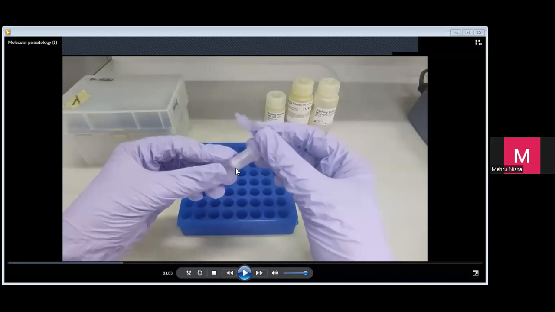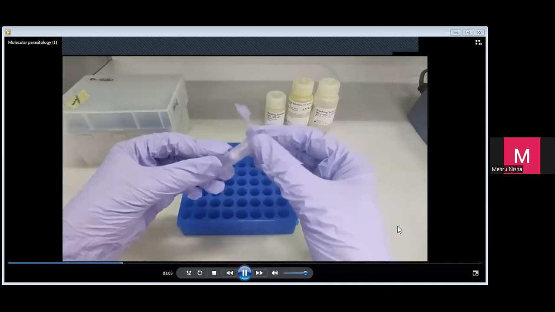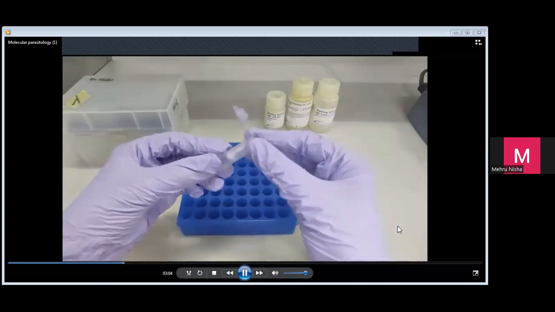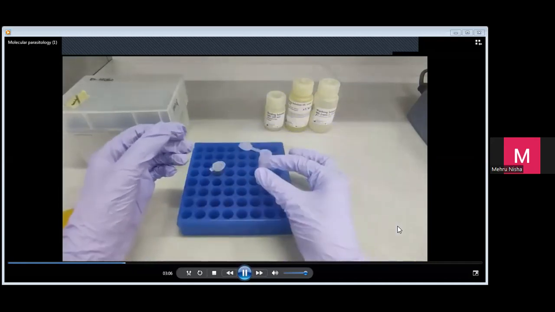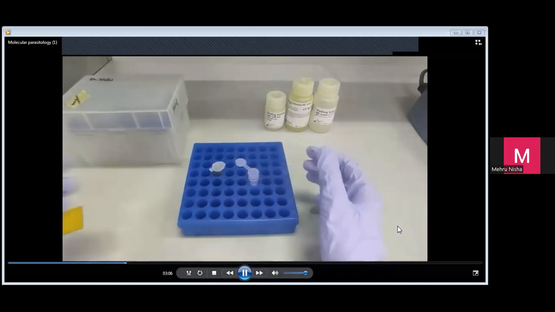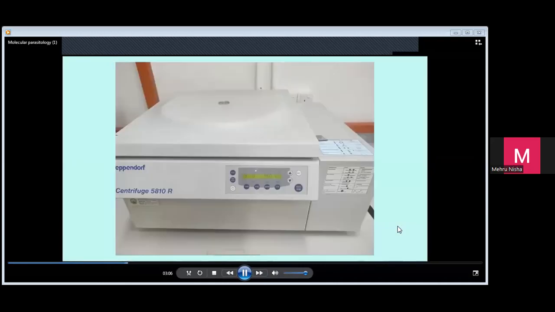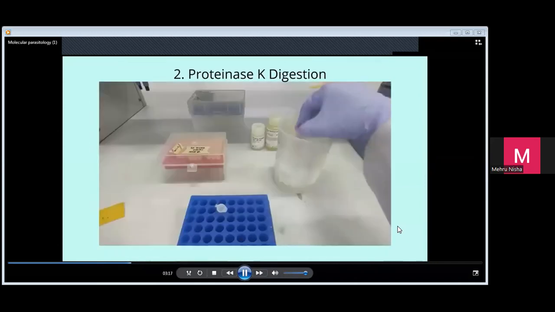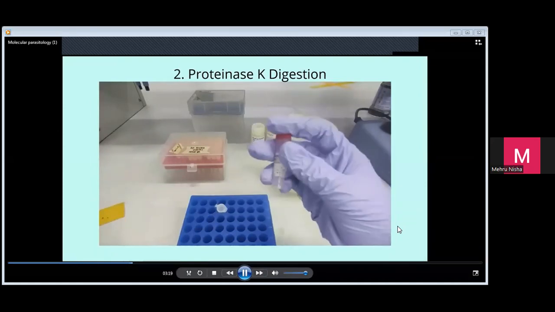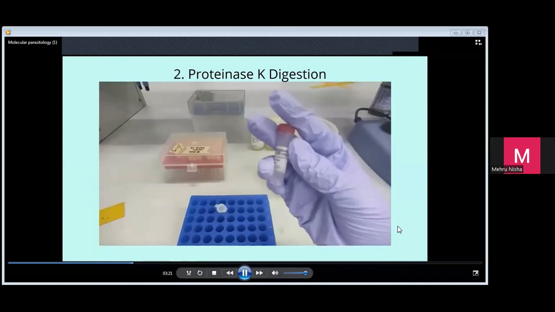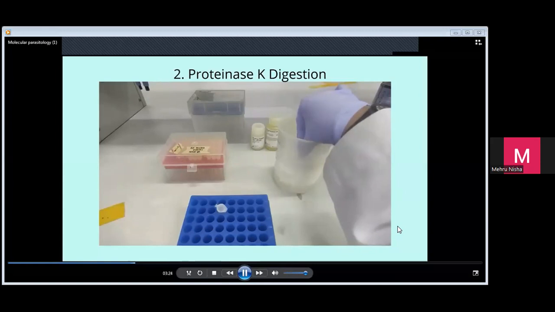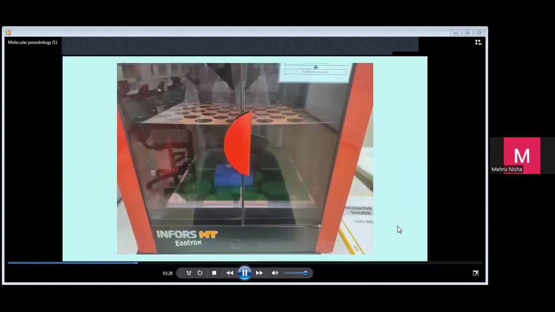They will be trapped here like a filter. Okay. So once you put it in, you have to centrifuge and add proteinase K. Proteinase K you must keep in the chiller, so it is always kept cold.